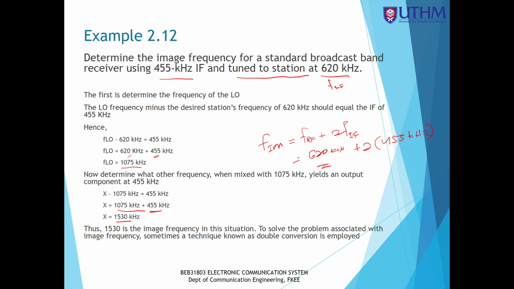If you use a calculator, 455 times 2 plus 620, you get 1530. Either formula you can use, no problem.